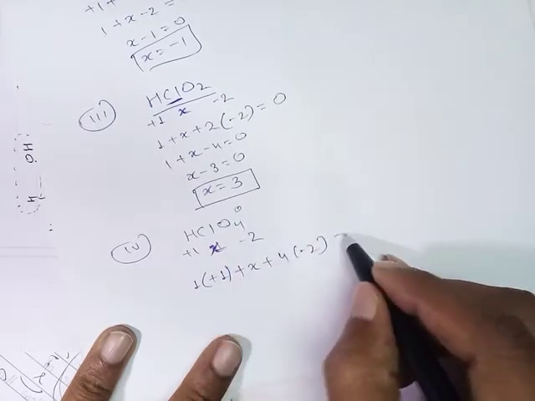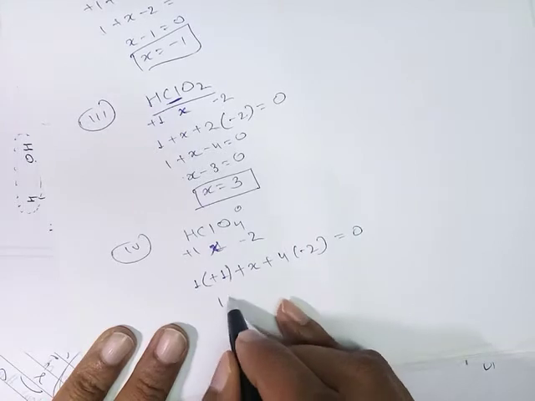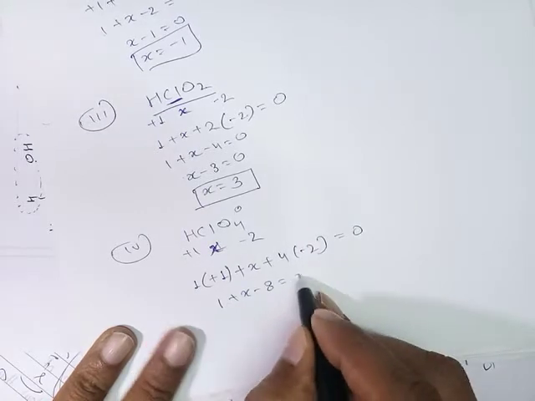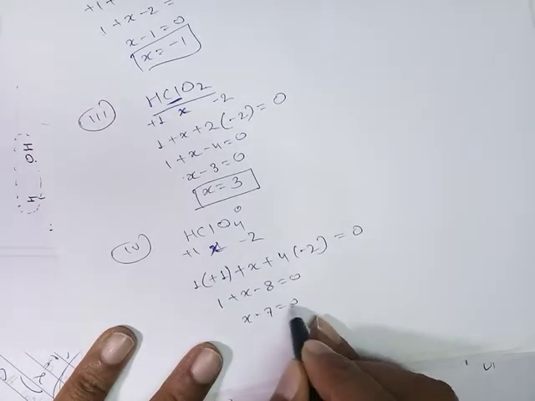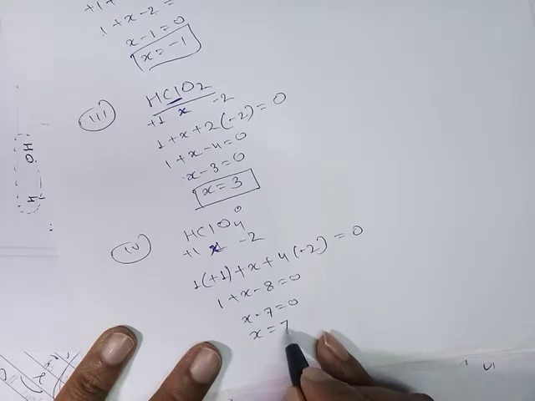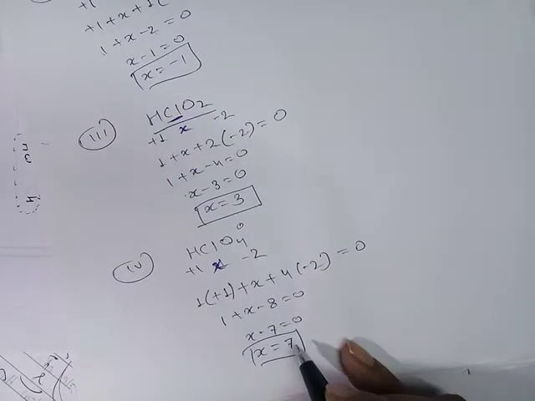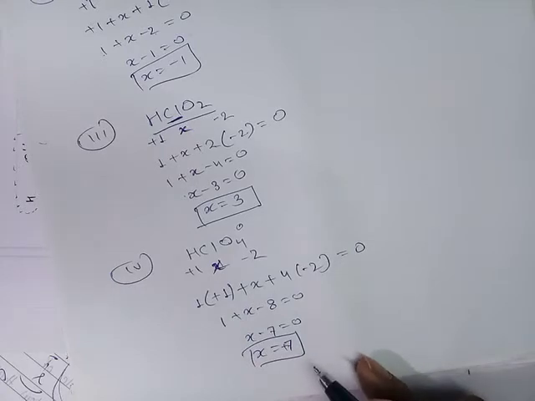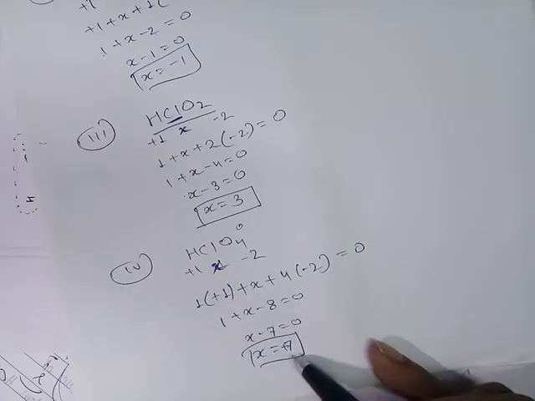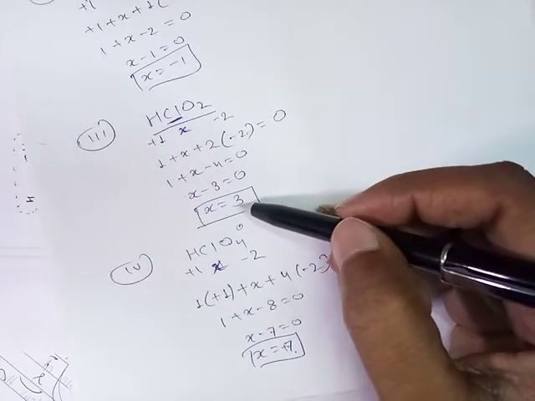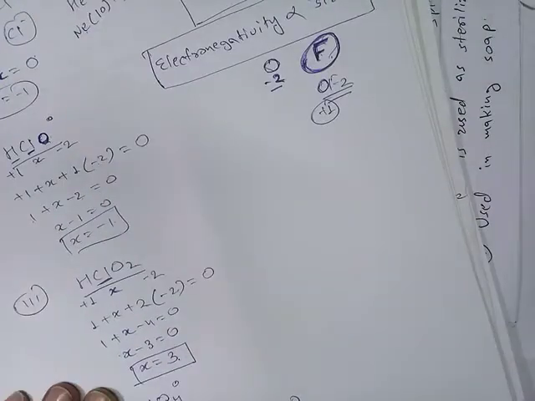The overall oxidation number is 0. So 1 plus X minus 8 is equal to 0. X minus 7 is equal to 0. Finally, the oxidation number of chlorine is plus 7. So the oxidation number of chlorine is plus 7 here, plus 3 earlier, and minus 1.